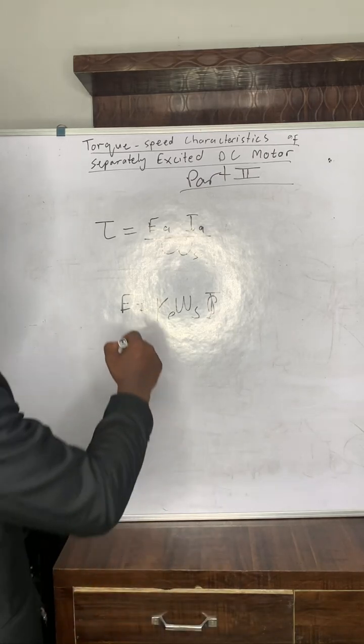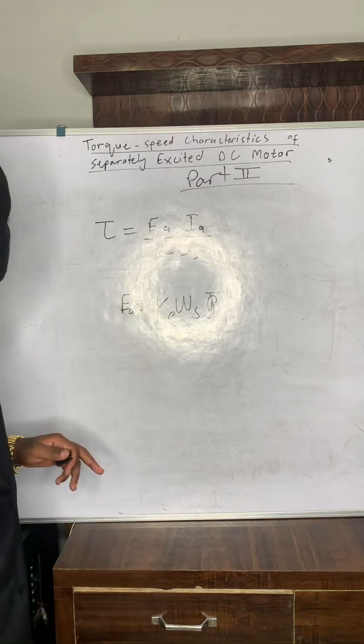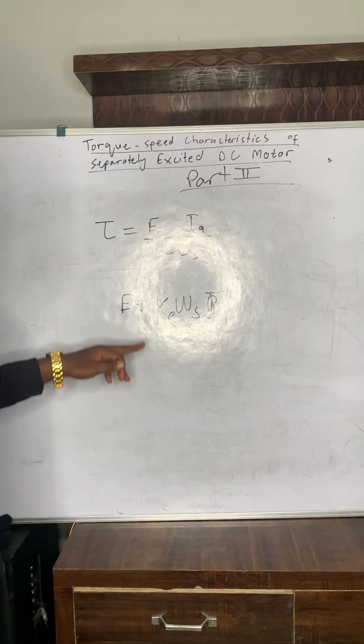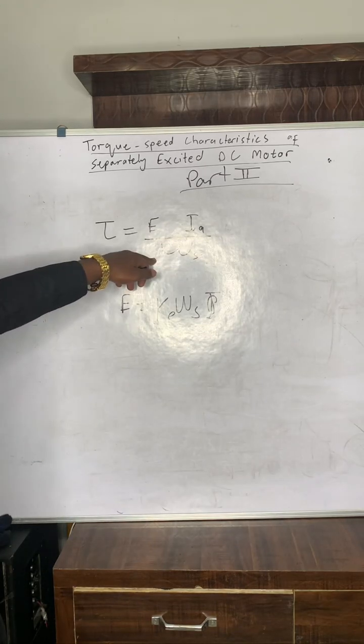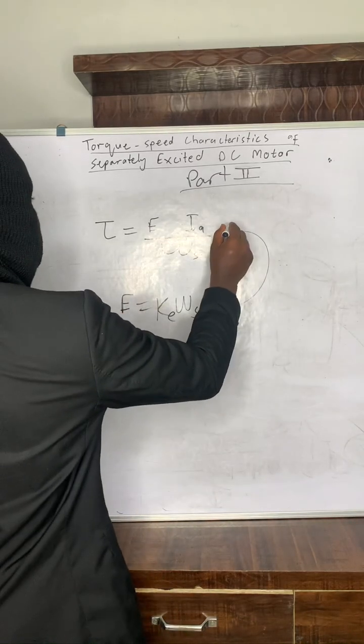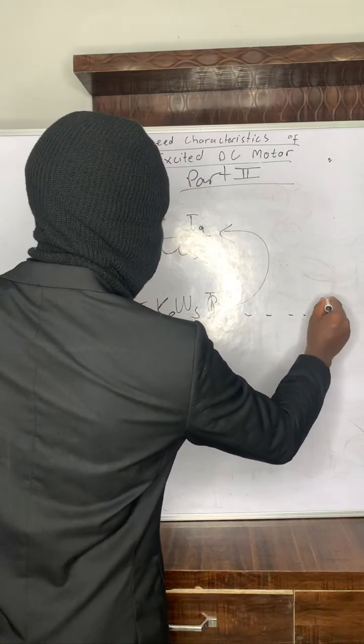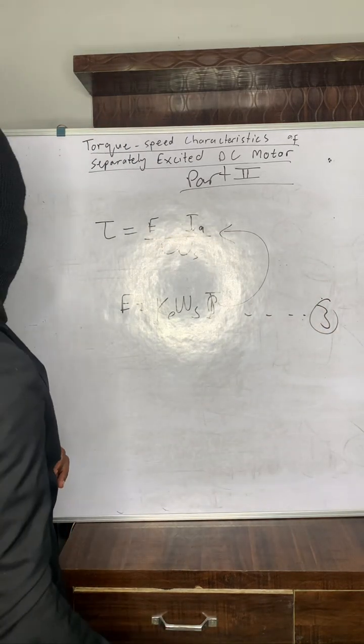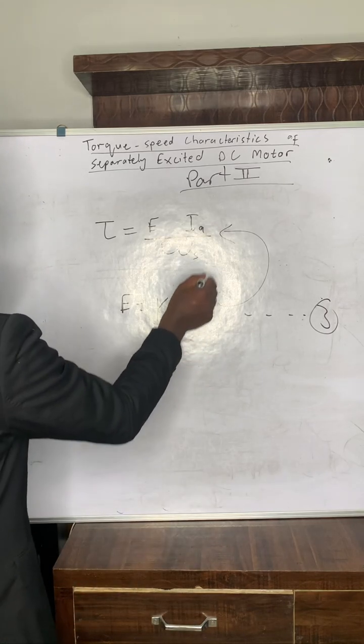We are going to substitute this EA, or let's just say E, into this. This was our equation 3 from our previous lecture. So we are going to substitute this into this.